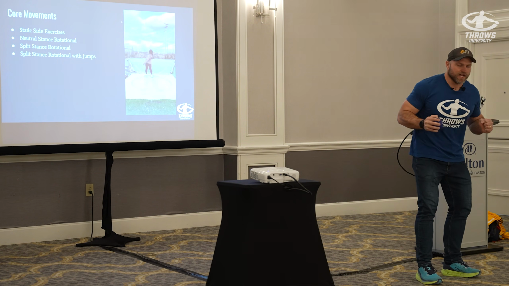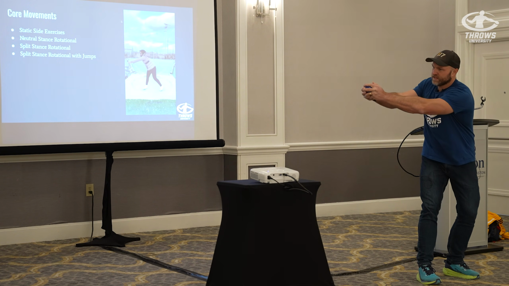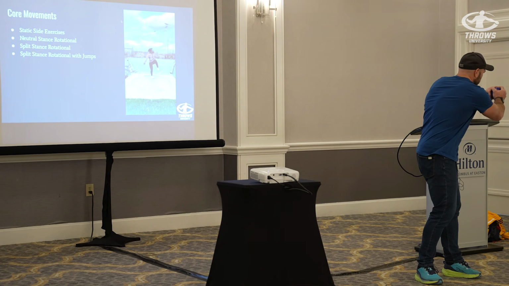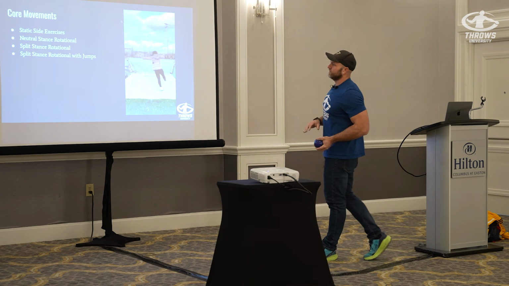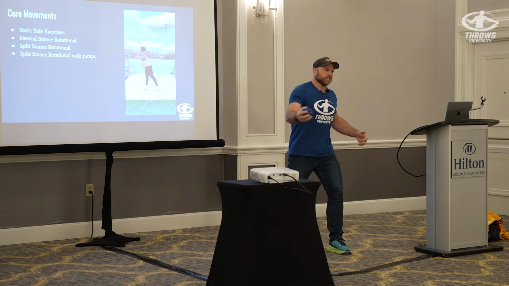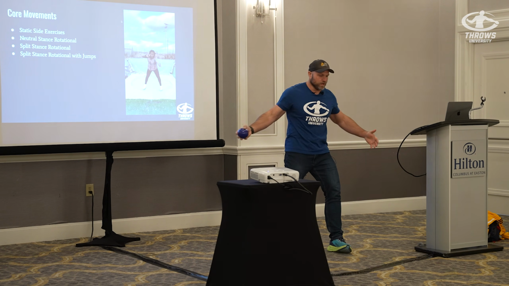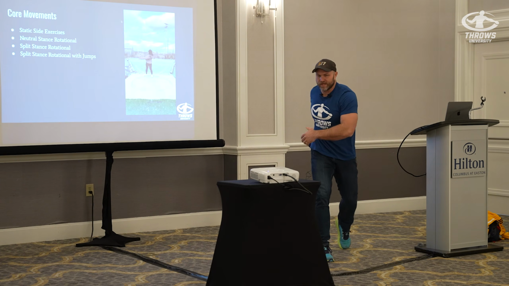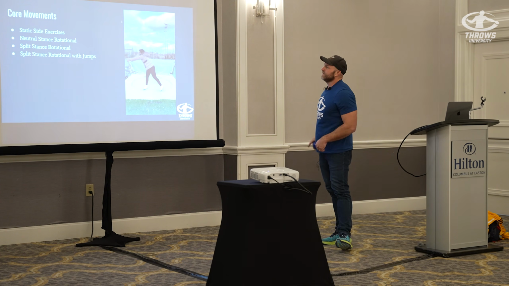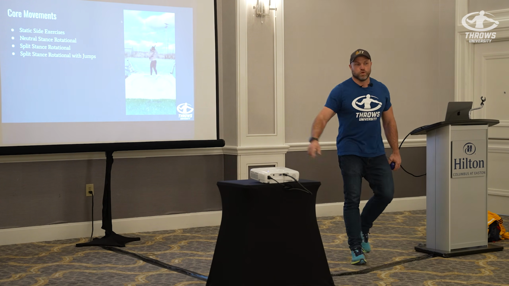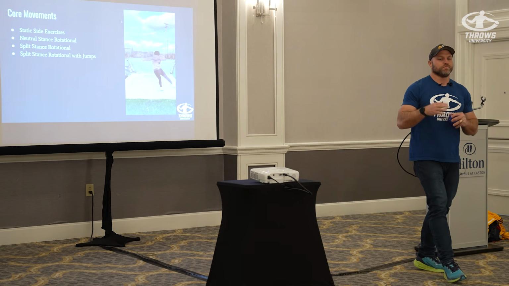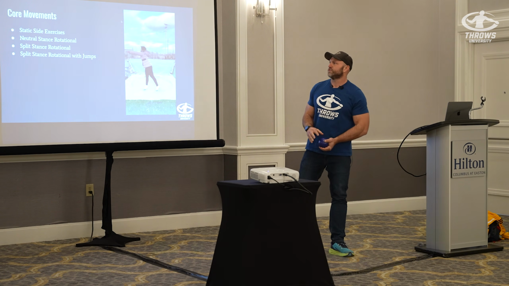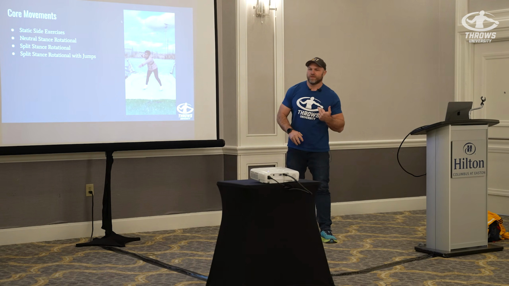A static side one would be where we go like this, and we just turn and press, at a slower tempo. Split stance would be where we're in this position and we might be jumping or rotating with something. And then split stance rotational with jumps is going to be jumping with a box or with any other object, where you'll see us going over hurdles or bumper plates and things like that.